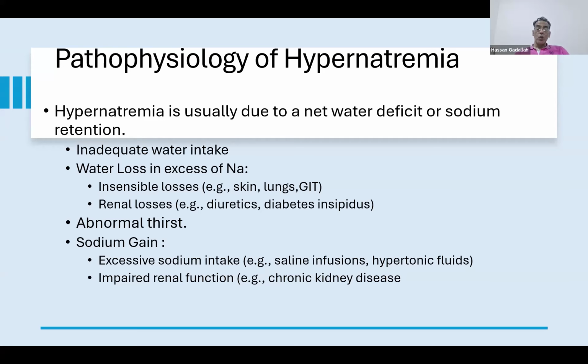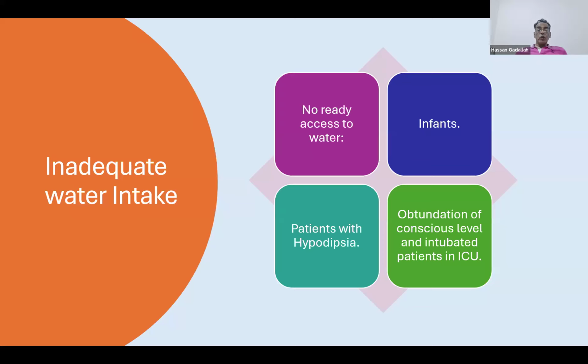So it's a high sodium load. And hypertonic fluids, sometimes we use like 3% sodium chloride in certain cases. If you are not taking care about the sodium load, it might lead to hypernatremia as well. And in few cases, it's related to impaired renal function, like in some patients with chronic kidney disease.